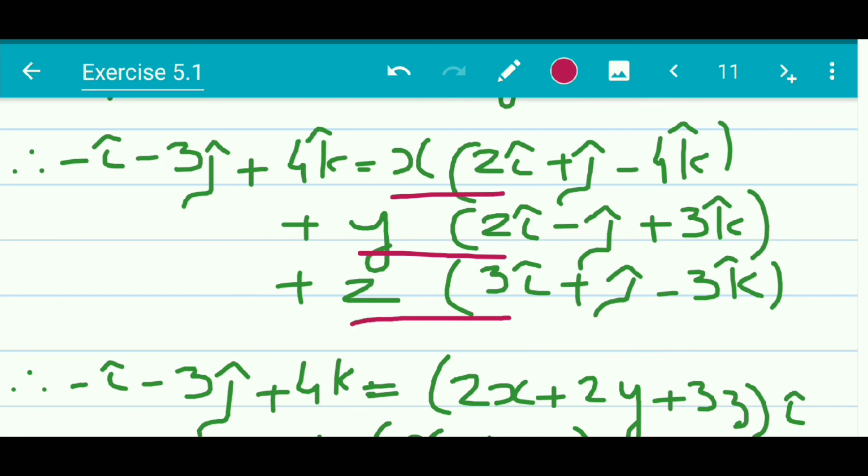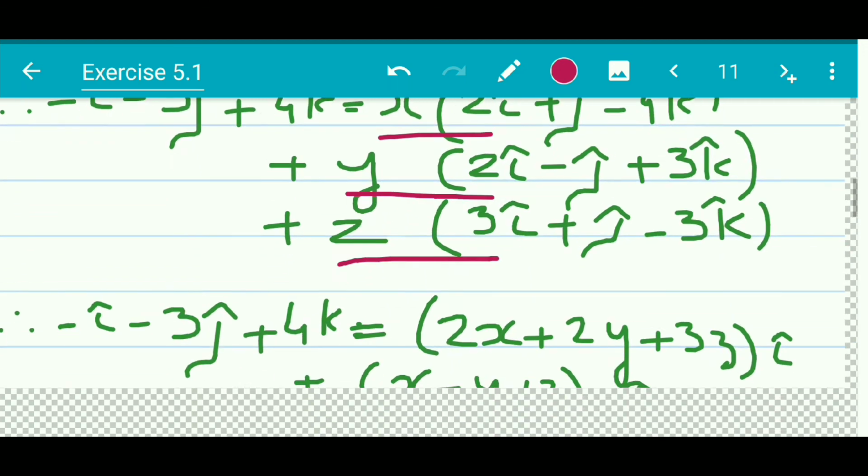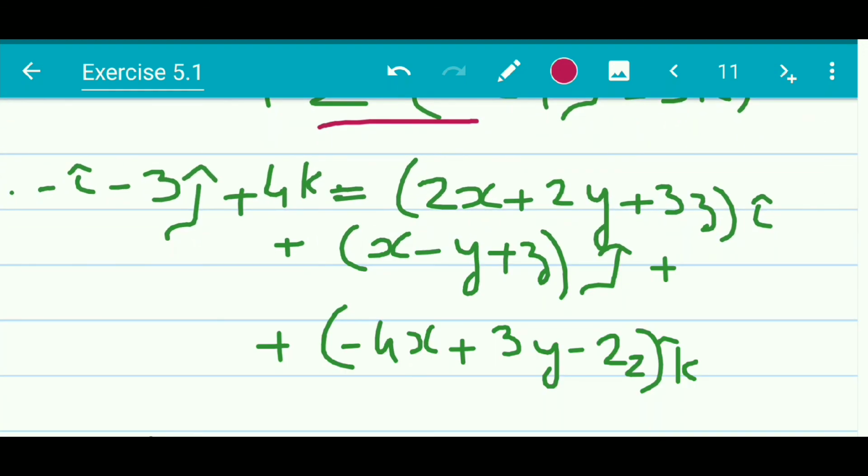Similarly, we also take the j containing terms which become x minus y plus z, and similarly we take the k containing terms and also group them together. Thus we get the equation in this form now. So as you can see, i has been taken common, j and k also have been taken common. All those terms containing i, j, k have been grouped together.